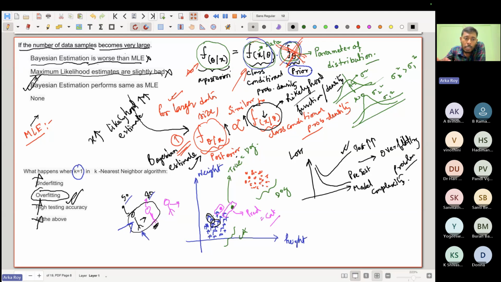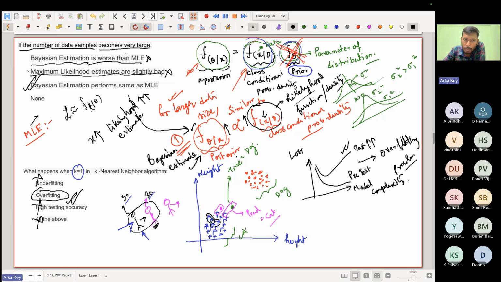The reasoning is that you have got this particular expression. Now start with the second statement. They have stated maximum likelihood estimates are slightly bad if you have larger data points. Maximum likelihood means this likelihood function, the expression is x given theta. It is dependent on x.